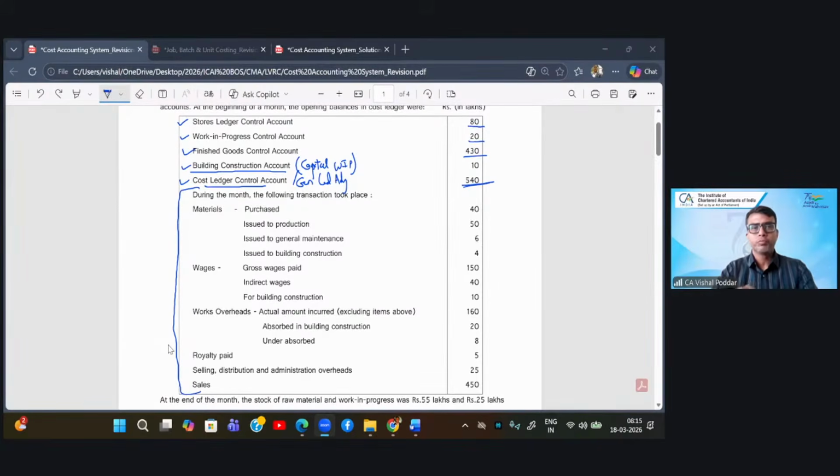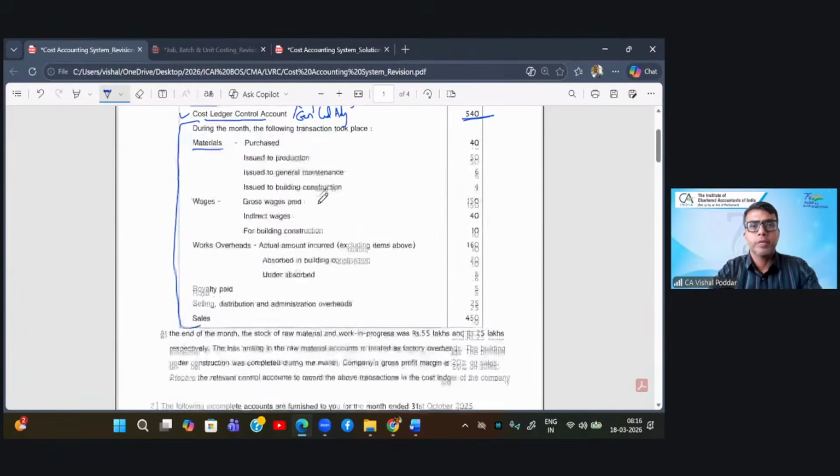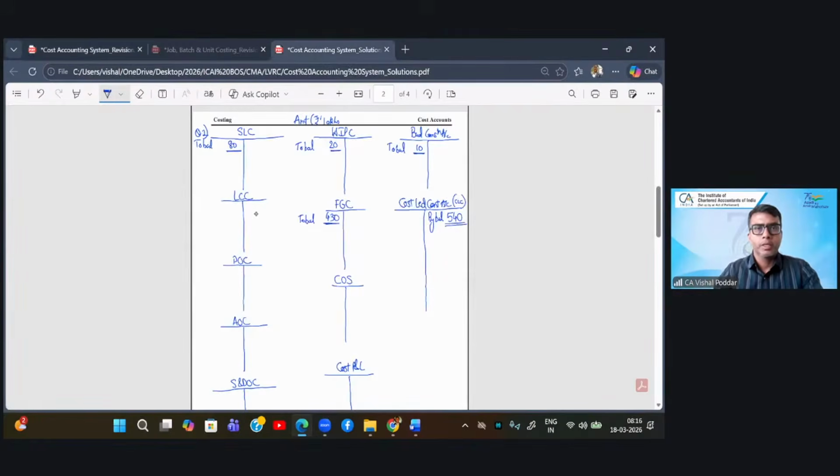Chalo. Should I start? Now, the transactions during the month, how are they given? First, they have given the transactions relating to materials. So purchased 40, issued for production 50. Now, whatever is purchased, 40 will be debited here, credited here.